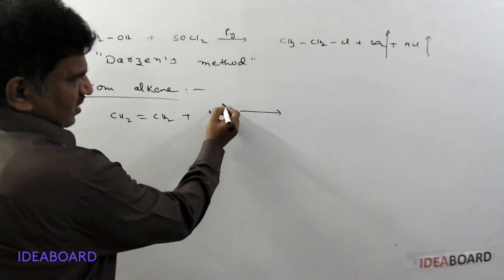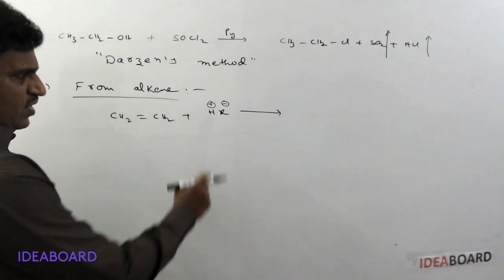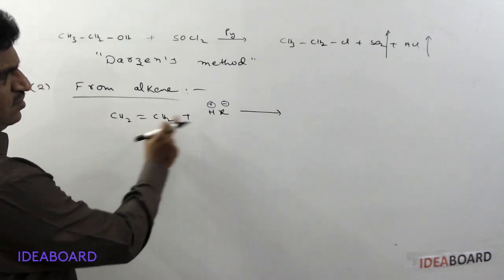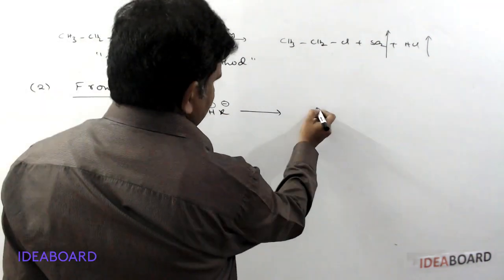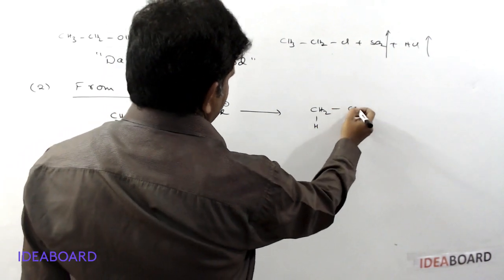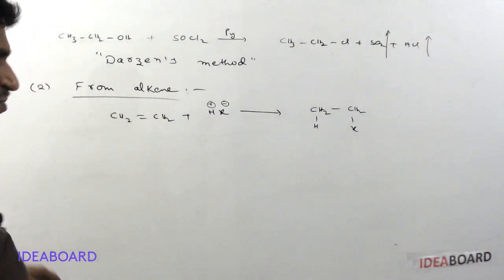In the hydrogen halide, the halide is a negative ion and hydrogen is positive. The positively charged species attacks one carbon, and the negatively charged species attacks the other carbon. So it gives CH2H and CH2X. This is an alkyl halide formed.